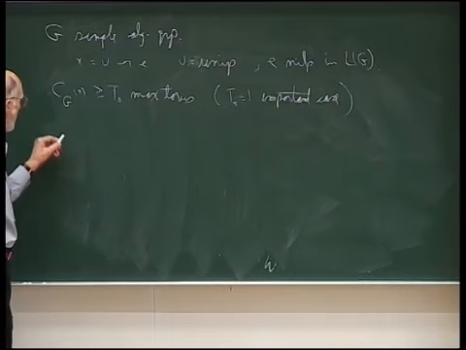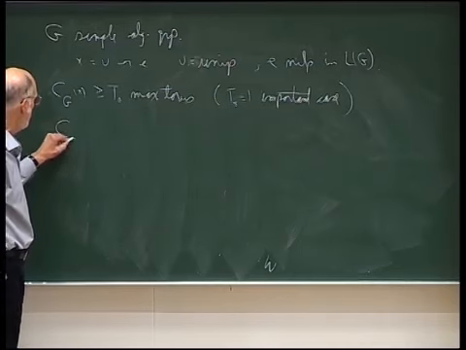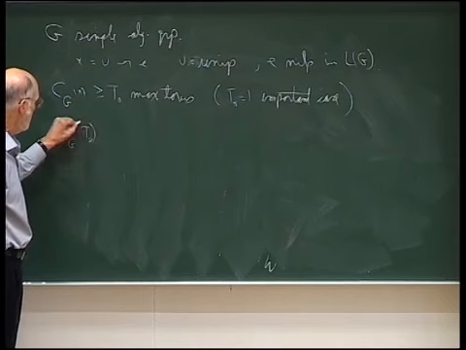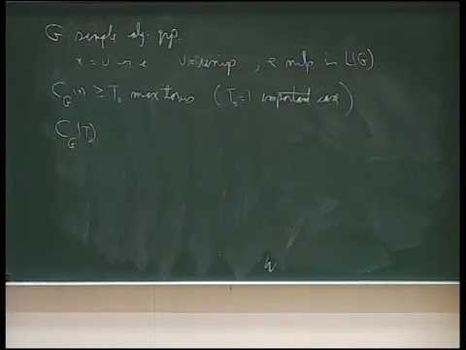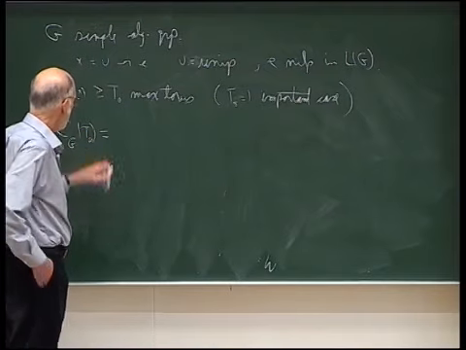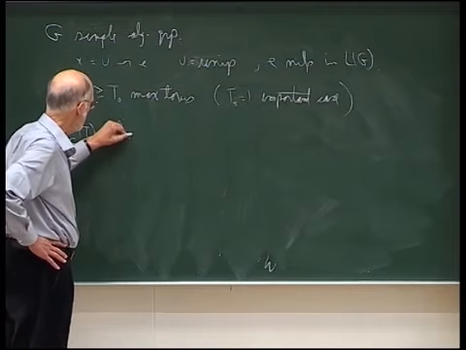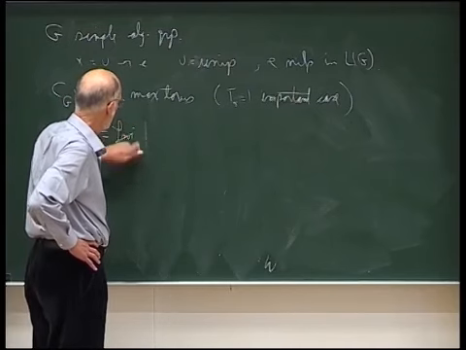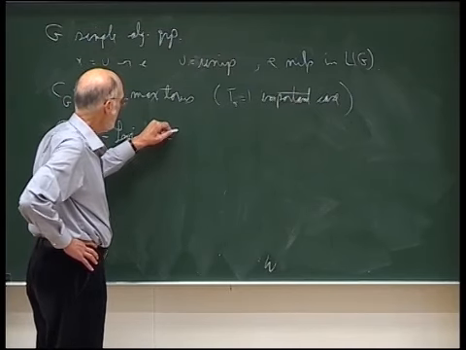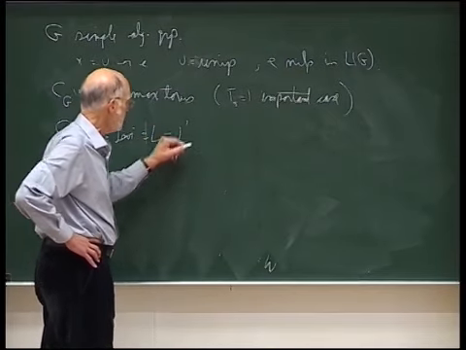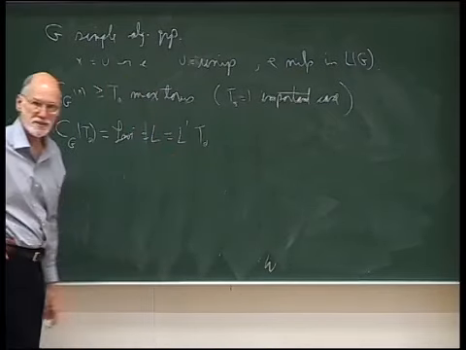And then the centralizer in G of the torus, which could be the whole group if T0 is 1, is a Levi L. And the Levi is the semisimple part times the torus.